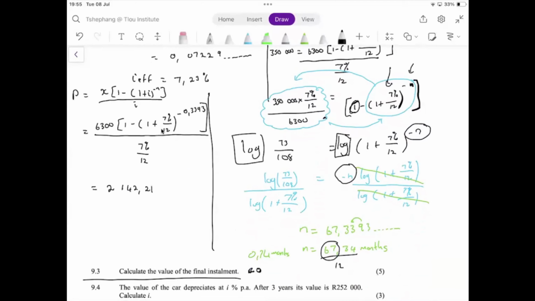So the payments that we're making are 67.3393. But how many full payments have we made? We've made 67 full payments. Now, if you subtract, we know that this is going to fall away. We're going to be left with 0.3393, because we've made 67 full payments. Yes, Zakari, we have paid for 67 months so far.